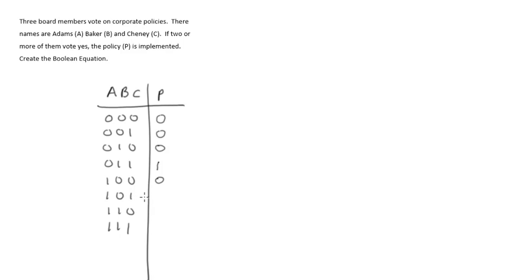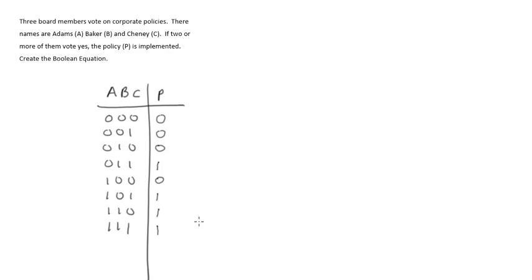Here, A and C are both true, so the output is true. A and B are both true, so the output is true. A, B, and C are all three true, so the output is true. So that's the truth table that satisfies that word problem.